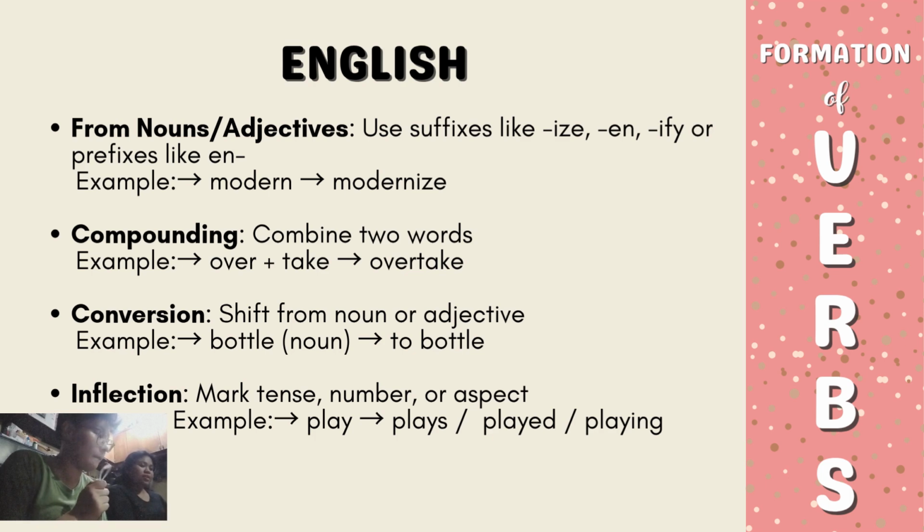Second is compounding, by joining two words such as overtake. Third is conversion, by shifting word class without changing spelling, like turning the noun battle into the verb to battle. And lastly is inflection, by altering form to show tense, number, or aspect, as seen in play, plays, played, or playing.